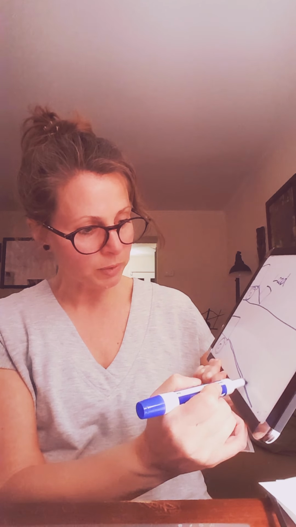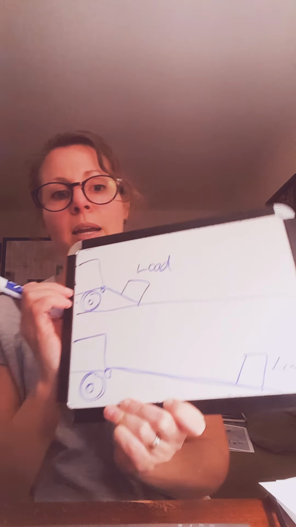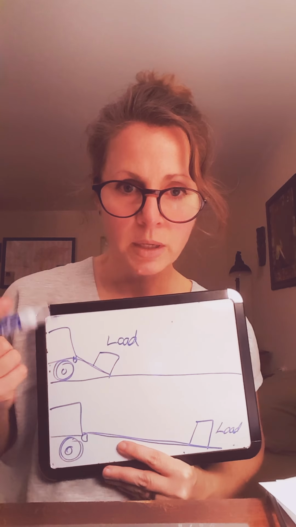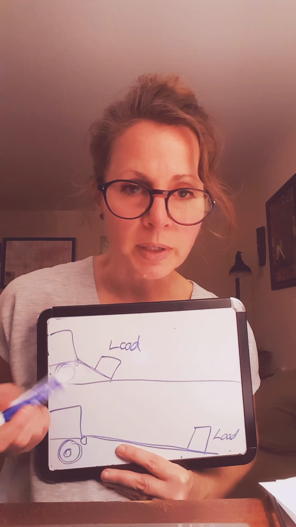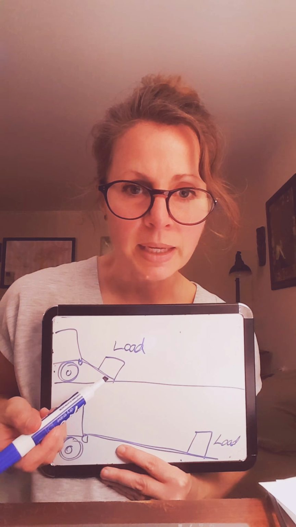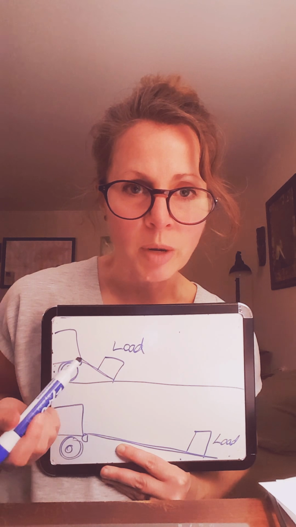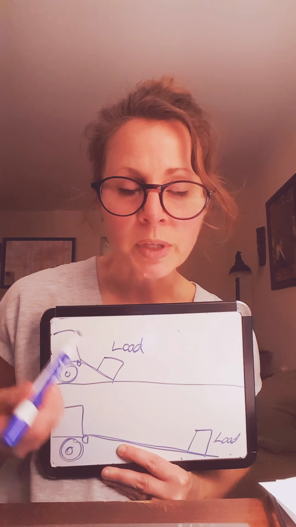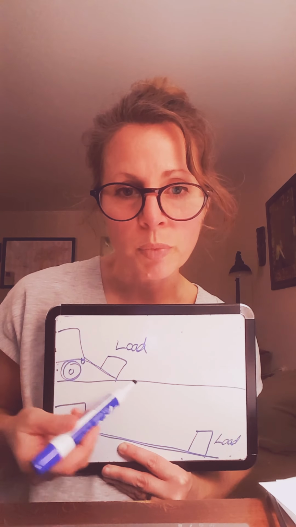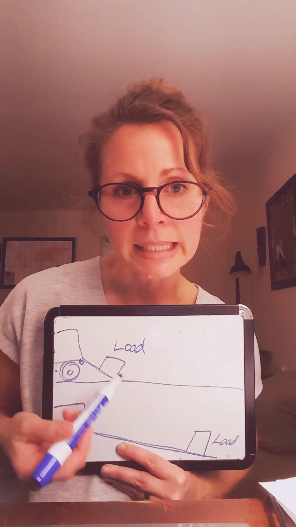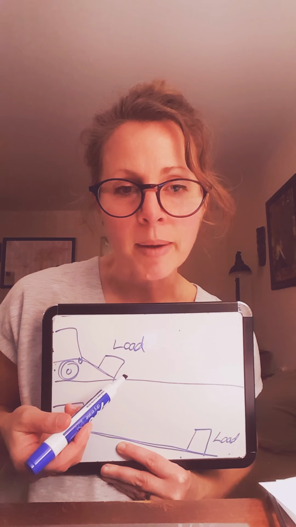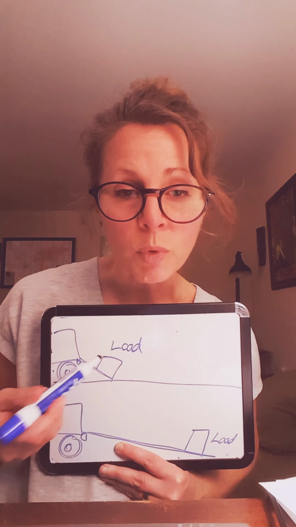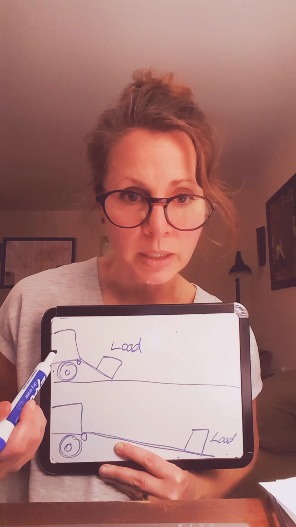Here's our load. It's what we have to move. And here's our other load down here at the bottom of the ramp. This is a shorter distance, but because the inclined plane is at a sharper angle, we're going to use a lot more force to push this. We're fighting gravity. It's a steep angle. We're going to need to use more work and more force to get the load into the truck.